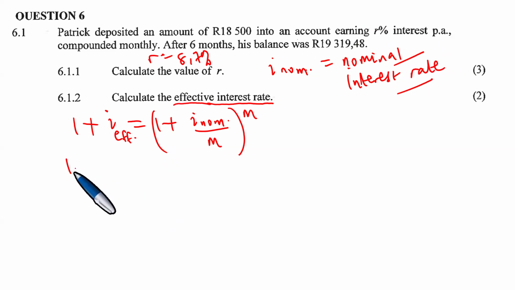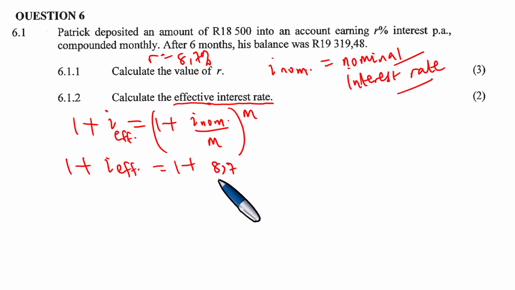1 plus I effective equals 1 plus 8.7 raised to the power. Because it's compounded monthly, you divide by 12, but you also raise it to the power 12M, because there are 12 months in a year.